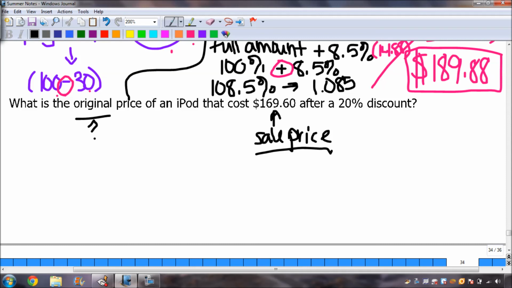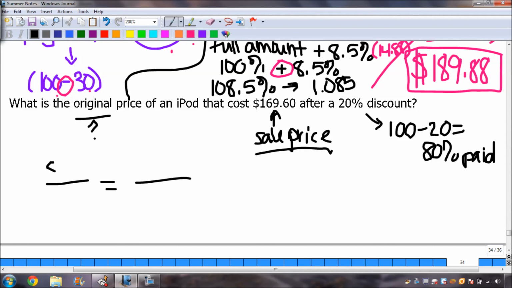Well, if you have a 20% discount, that means that you paid 80%. So when I set up my proportion, I know it's 80% out of 100. Now, this is not the full price, the $169.60. It's the 80%. It's what you actually paid.